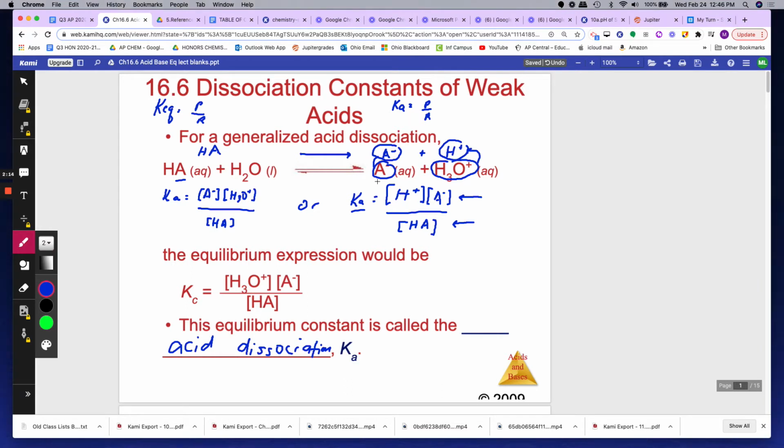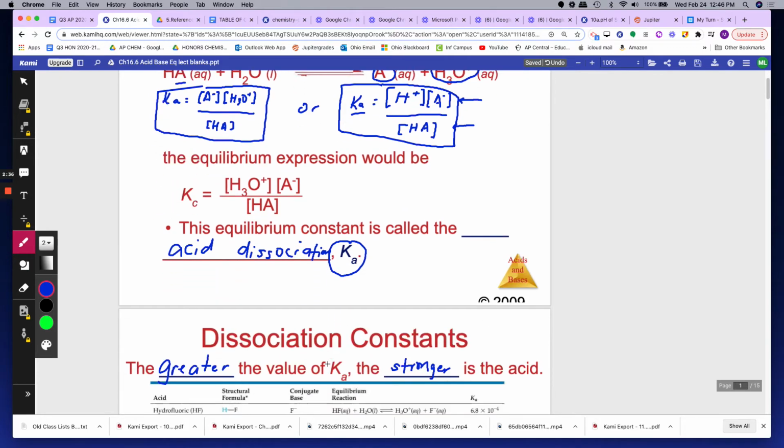So you can either write it this way, that's the equilibrium expression for the acid, or you can write it this way. They're identical. The HA and the HA, the H3O plus is H plus, same thing. So this is the equilibrium expression, and the Ka is called the acid dissociation constant.